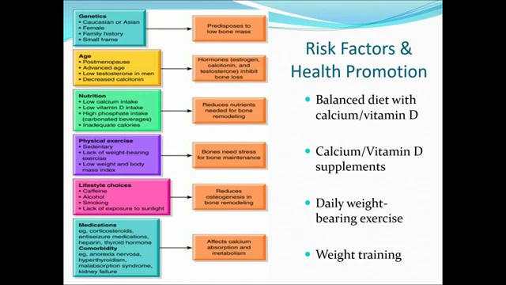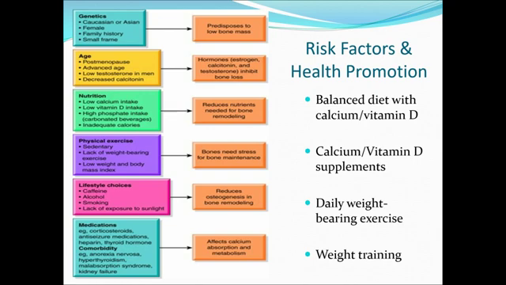So risk factors and health promotion. Let's talk about risk factors first, and then that leads us into health promotion. Some of it's just genetics. You can try to change who you are, kind of reinvent yourself, but you really can't change your genetics. We know that females are at higher risk. Caucasians and Asians are at higher risk. If there's a family history, you're at higher risk.